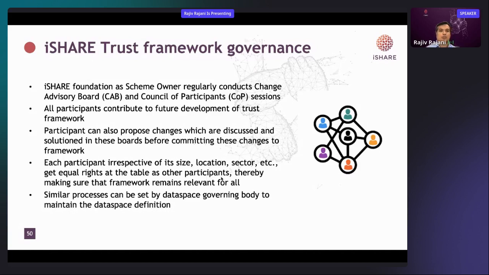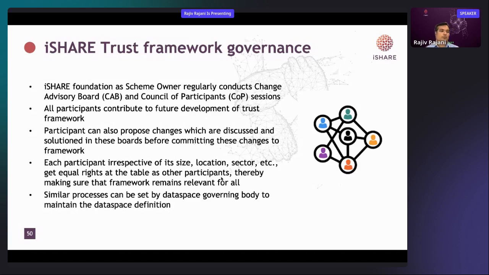Then you can submit a change request, and the change management procedure begins, where a discussion in the change advisory board happens about what possible solutions we can come up with to accommodate that change.